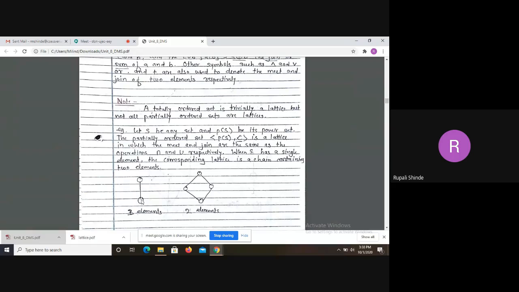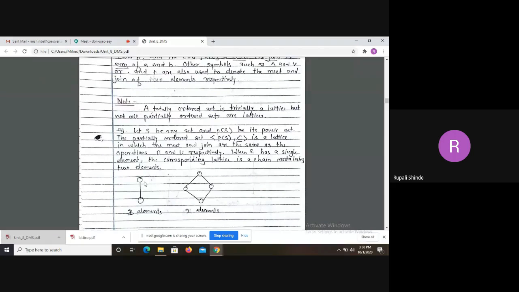Now here, if you observe this first diagram, we can say that this one is the greatest lower bound. जो सगळ्यात खालच्या साईडला आहे तो काय असणार आहे greatest lower bound and this element is the least upper bound.